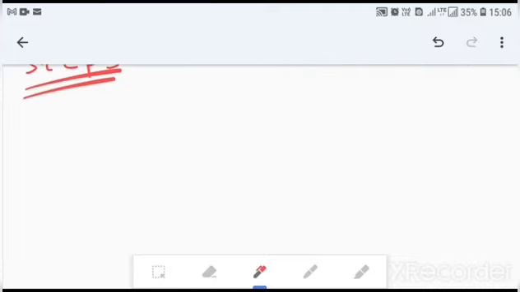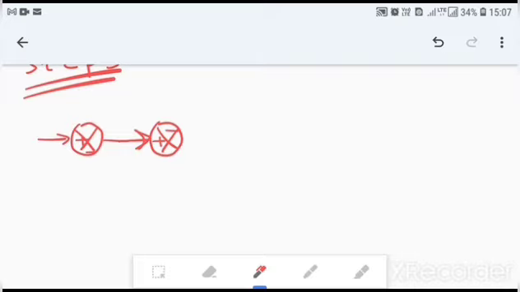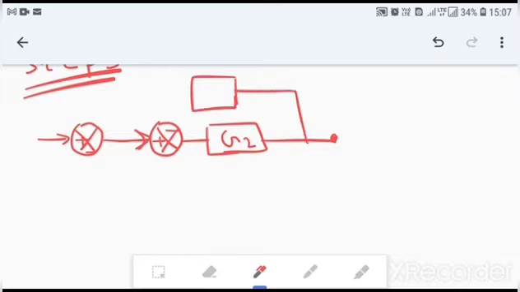Again one more block we will draw after doing the changes: plus minus, this is the summing point, here minus plus, here we have G2, and here we have the H2 feedback. After interchanging the summing points, we get this as H2.